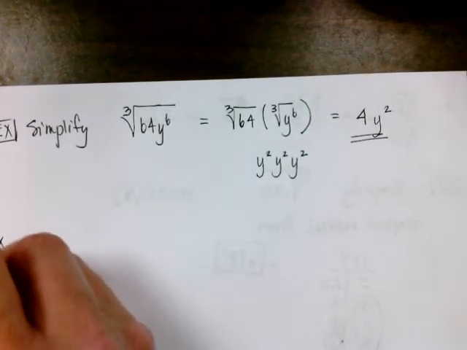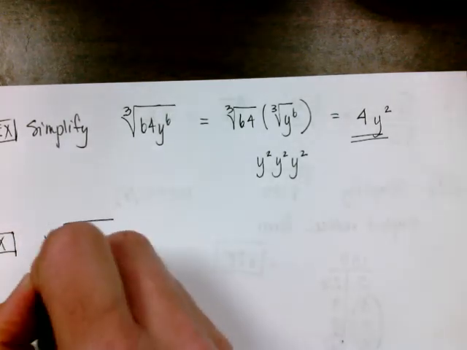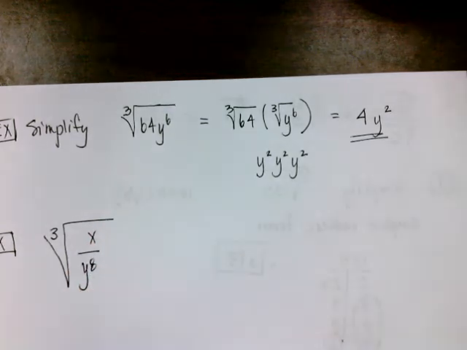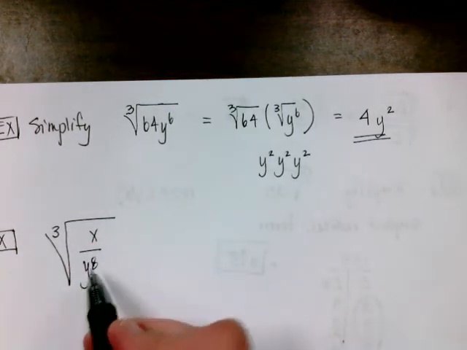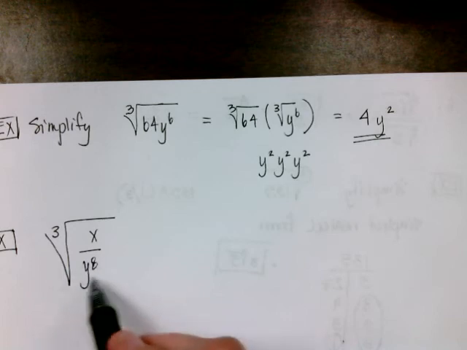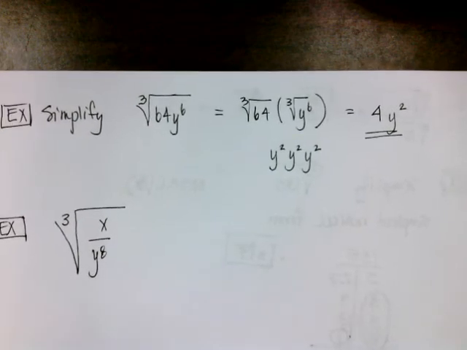Alright, here's the next thing that we're going to do. Again, it's going to be a simplify, but I'm going to show you a cool new trick. So this time, I'm going to take the third root of x over y to the 8. That's not y times 8, sorry, that's y raised to the 8. Oftentimes, if I want to reduce this or get rid of the radical in the denominator, we would do what we've done in previous chapters, and we would rationalize the denominator. But sometimes those get really big.